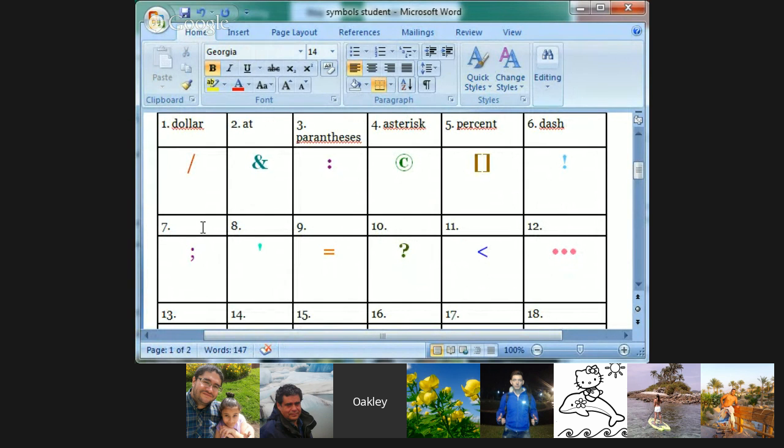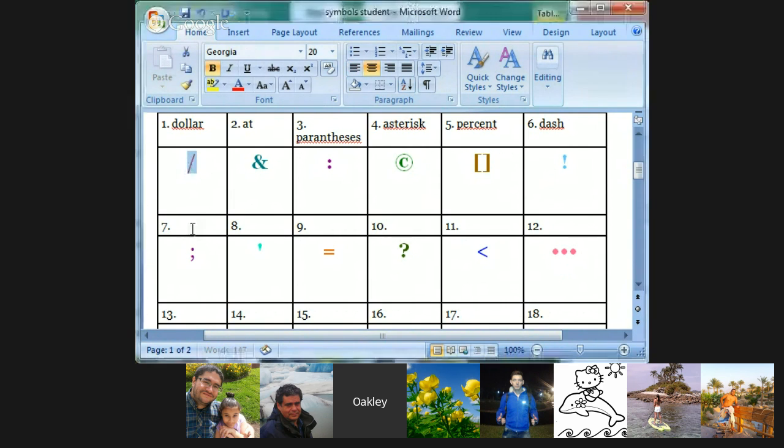Okay. Number 7. Okay. Heidi, back to you. What is number 7? Yeah. Number 7 here. What's this? Yeah, it's 7. What is this symbol?